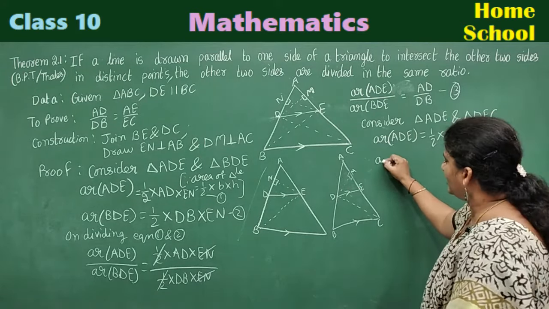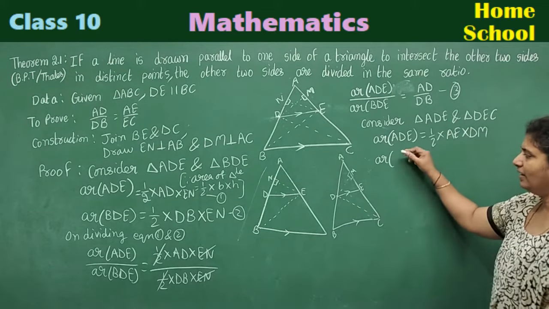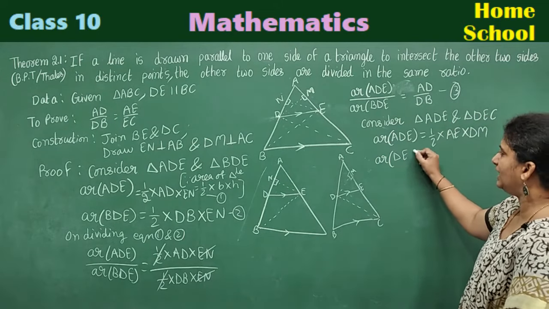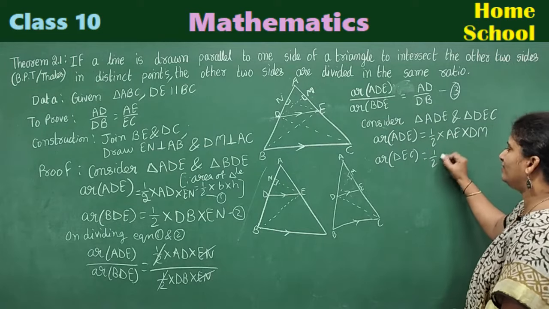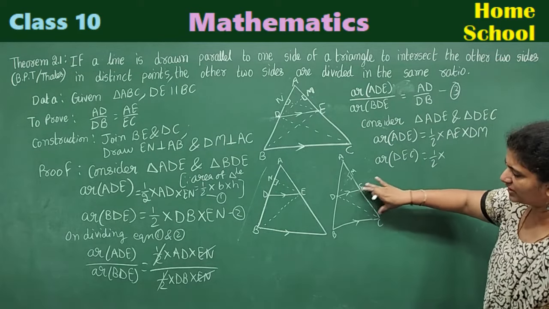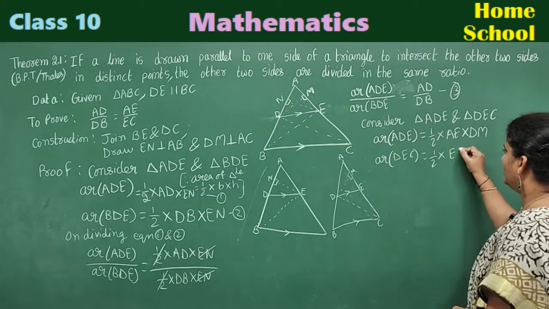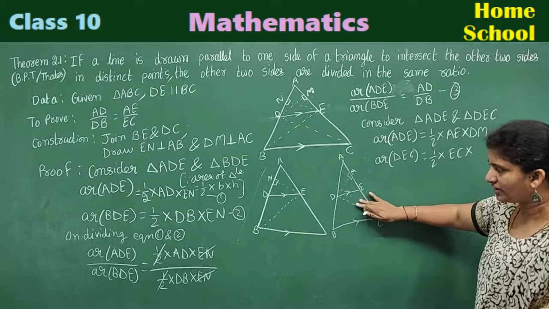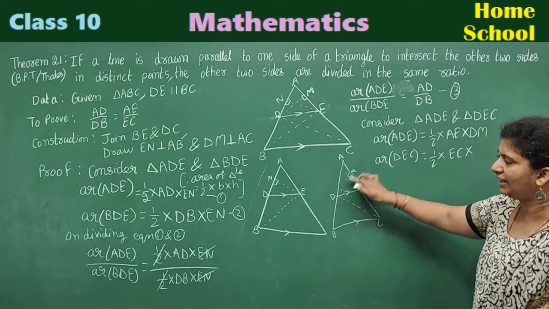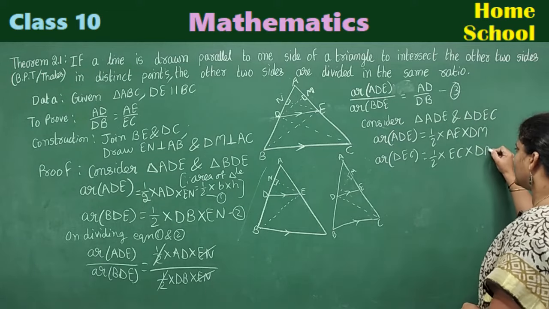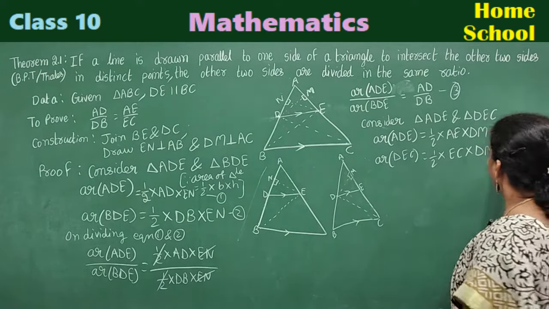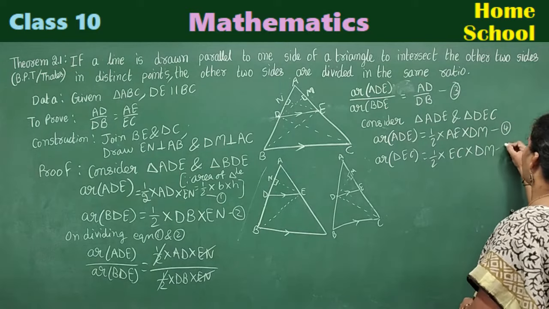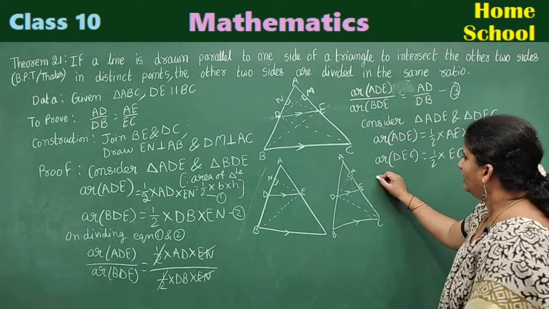And next, coming to another triangle, area of triangle DEC. Half into DEC triangle, what is the base? EC into height. Though height is not there on this, but complete line, what is the height? DM. So write same one. Now mark this as 4 and 5. Okay.